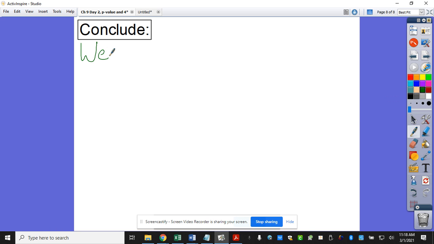When we dealt with p-value being low or p-value being high at the very beginning of class today, p-value being low would mean we do what to the null hypothesis? Reject. Our other option is fail to reject. So we have two options there, either reject or fail to reject.